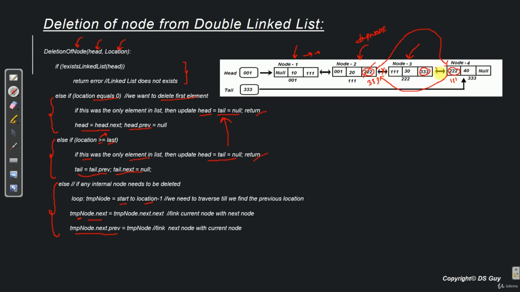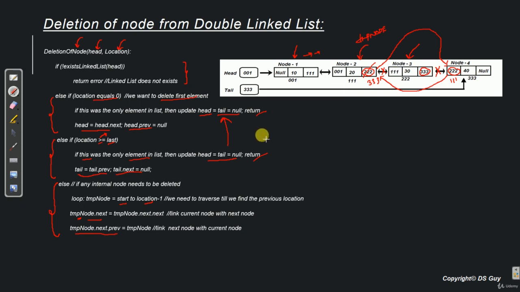So automatically this connection over here gets disconnected. So node 3 is now not being pointed to by either node 2 or node 4. So automatically this becomes eligible for garbage collection and gets deleted. So this is how we delete any node apart from the first and last node.